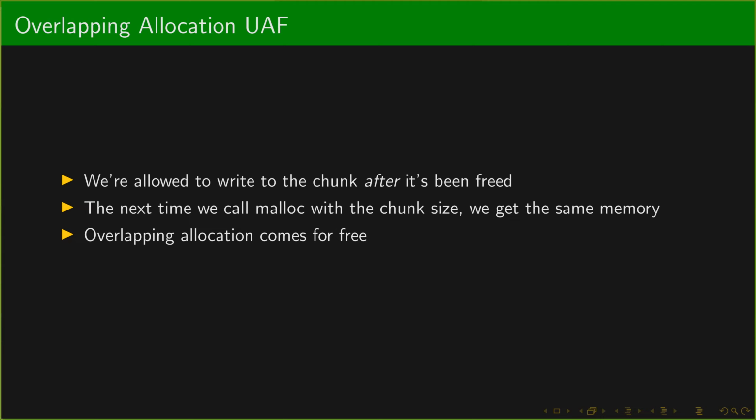So we have some object in memory, we free it, and then we continue doing things to that object as if it's still valid memory. And the idea here is that the next time we call malloc with this specific chunk size, we're going to get this memory that we've just freed. So we kind of get an overlapping allocation for free.